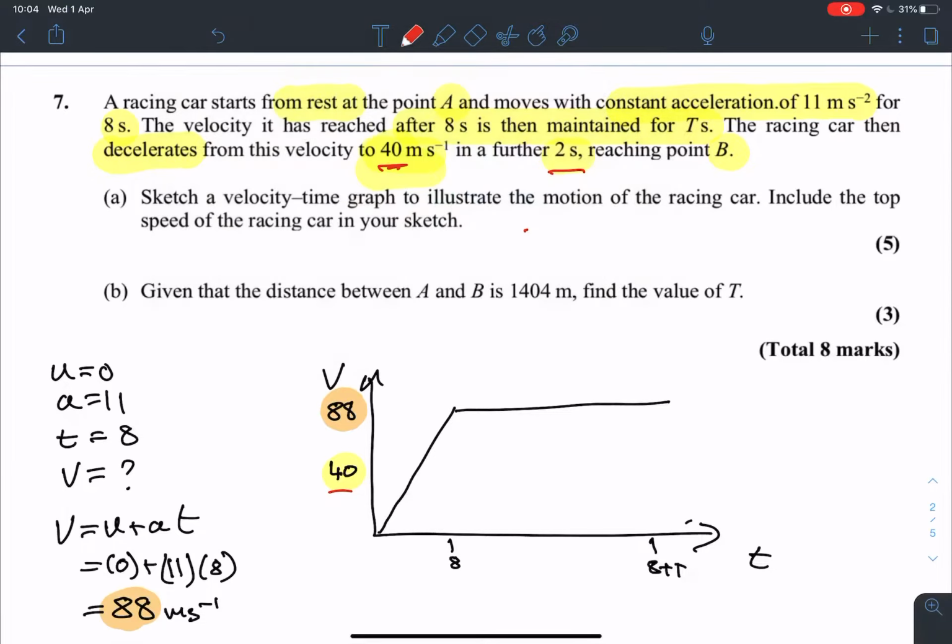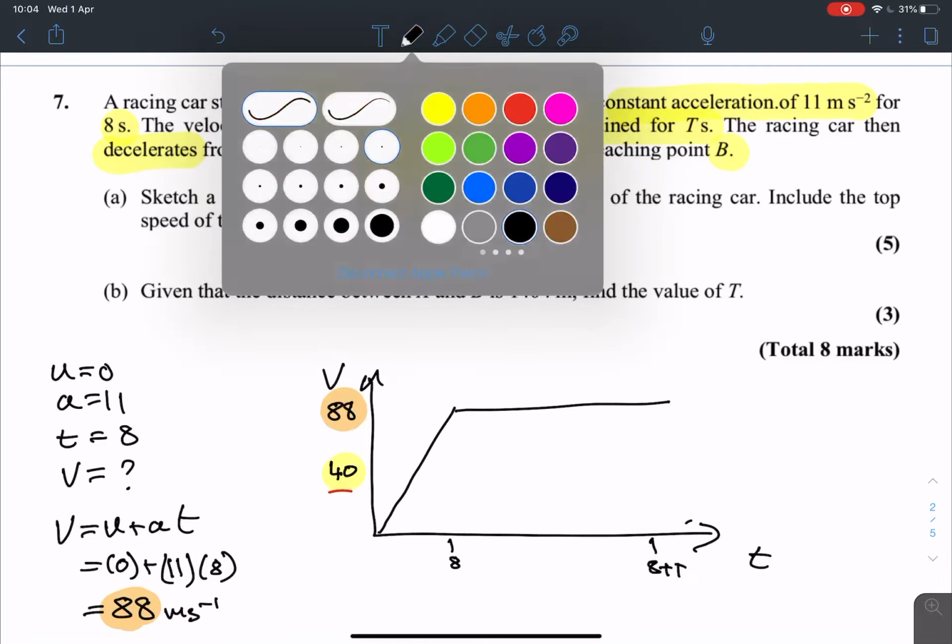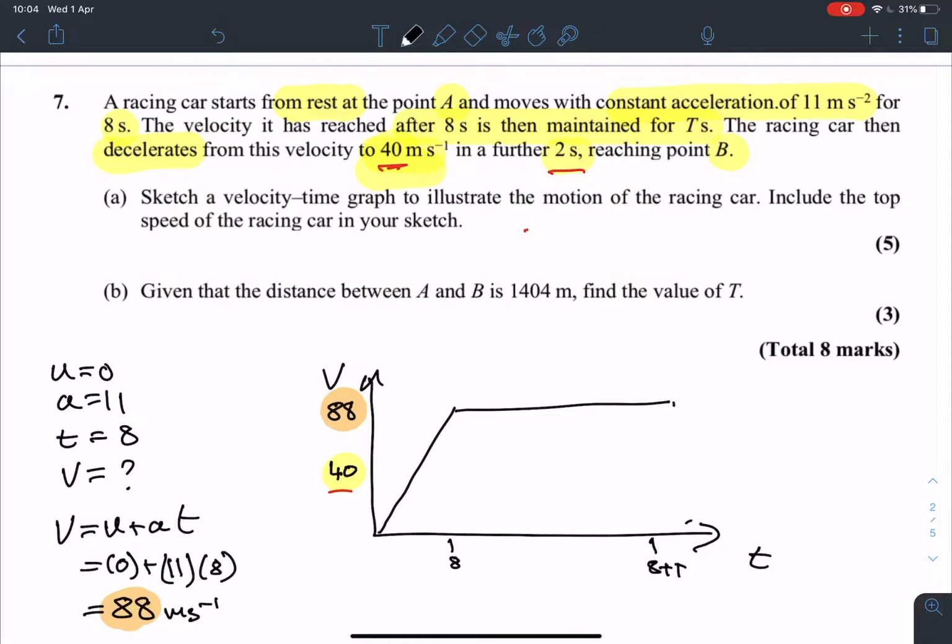So if we come back to our graph, we've got 2 seconds for it to decelerate, getting down to 40 meters per second. So that's an extra 2 seconds along the time, so that's going to be 10 plus t to reach B. So there's our sketch.